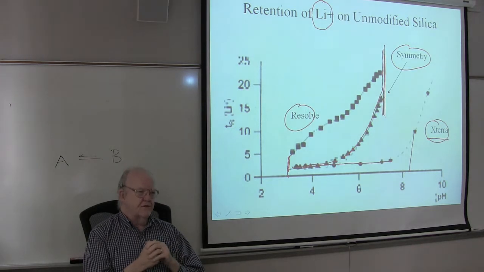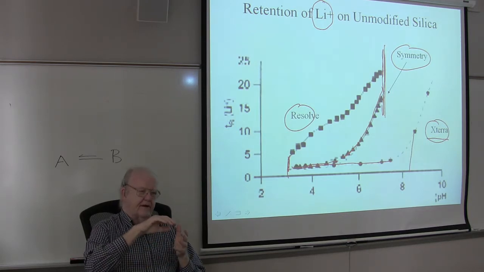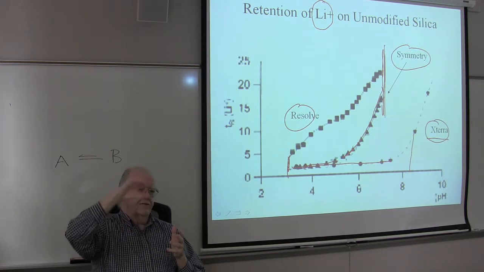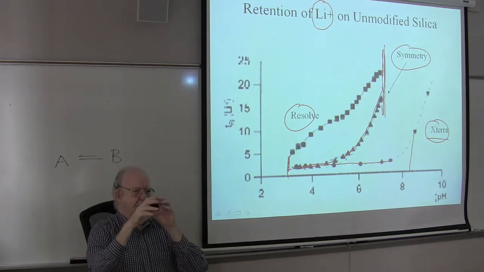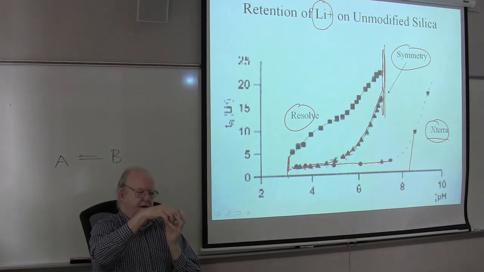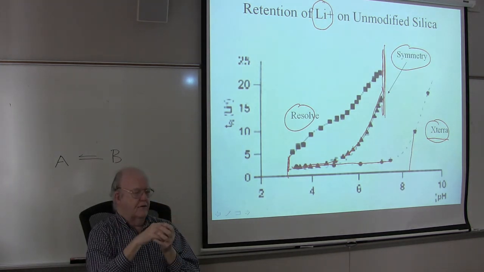And in fairly short order, you would see the peak shapes for everything become awful. And then you would see a very rapid rise in the back pressure on the column as the particles were rotted away, and then the little particles fit in between the bigger particles and the column would plug up.